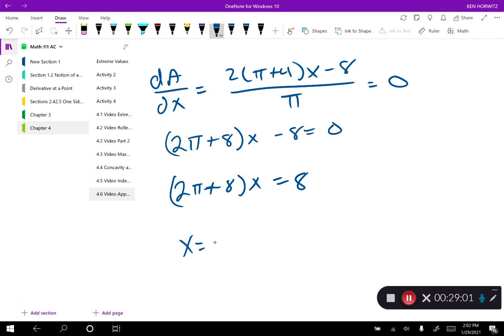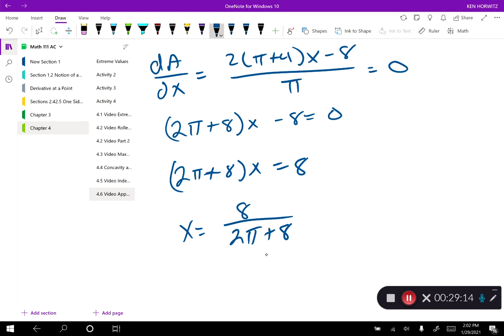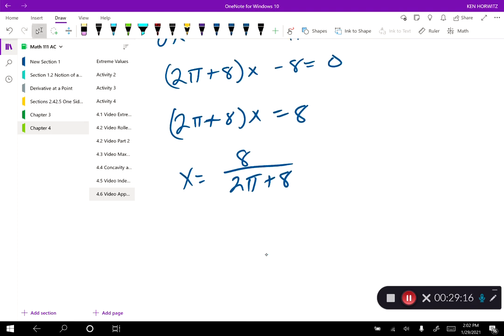And then x equals 8 over (2 pi plus 8). Not exactly the nicest critical number you'd ever want, but it is a potential critical number. And this is approximately equal to 0.56.